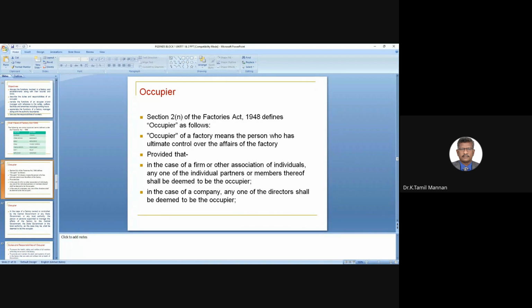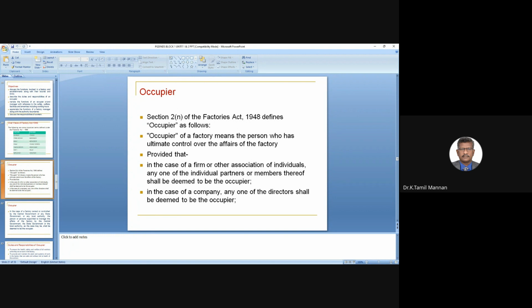In case of a firm or other association of individuals, any one of the individual partners or members thereof shall be deemed to be an occupier. If it is an individual owner, or an industry having a trust or a group of members having the ownership, any individual member or partner shall be deemed to be an occupier.